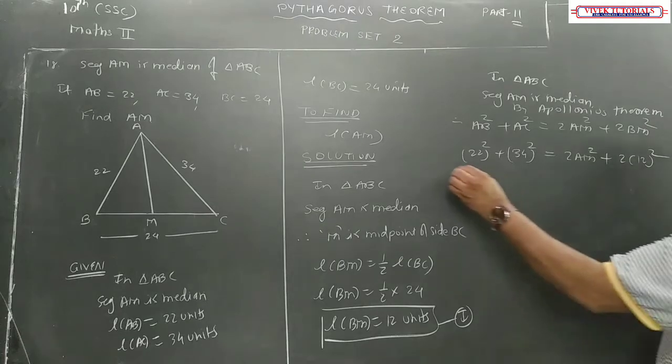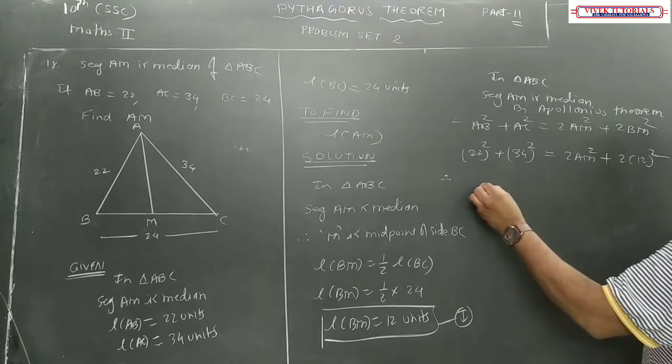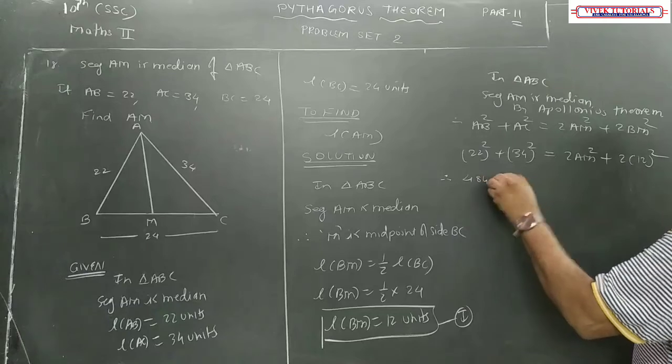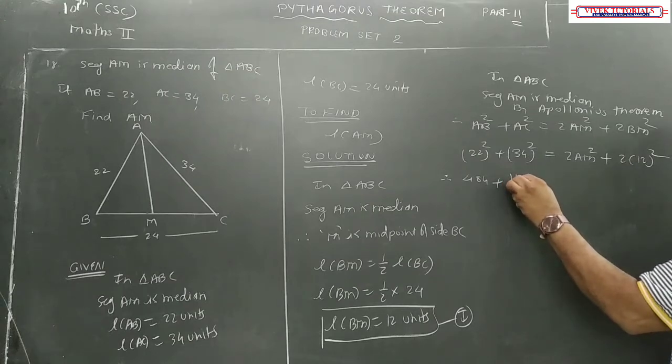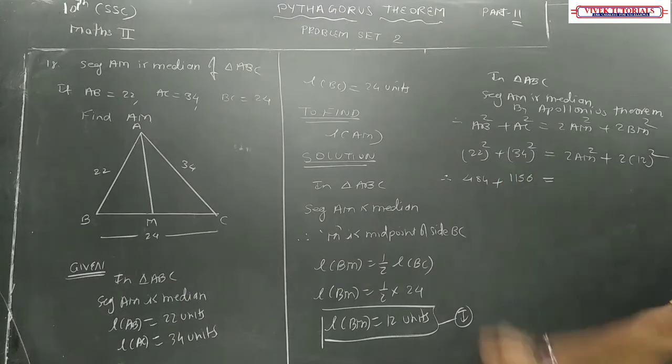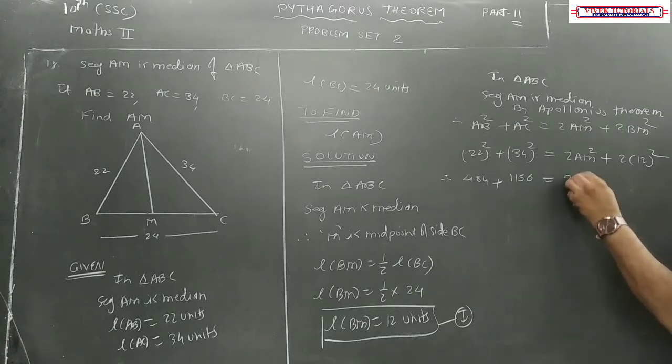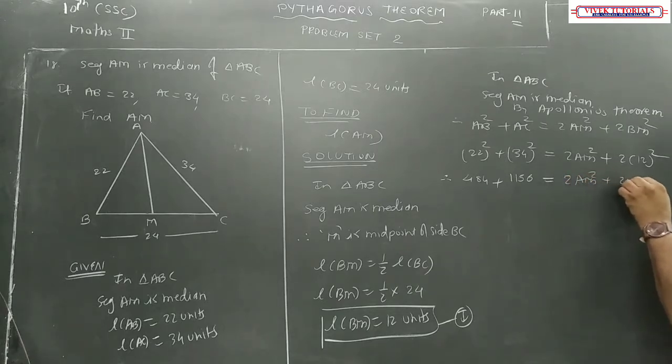So, we know that 22 square is 484. 34 square you may not remember, but find it out yourselves. Copy down. We have to calculate 1156 is the value of 34 square plus 2AM square plus 2 into 144.